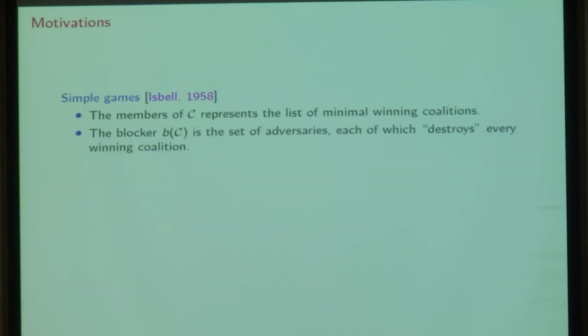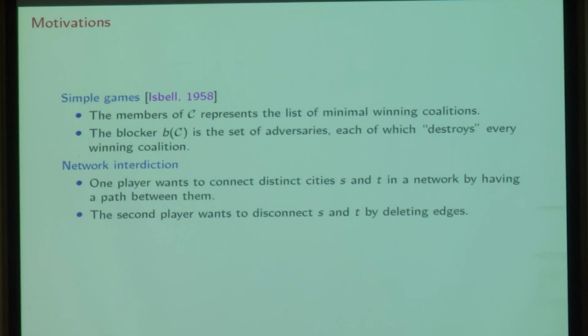There are some motivations, like two-player games. One player presents some set of winning coalitions, and the other player tries to destroy it. Also, network interdiction: one player tries to connect two distinct nodes in your network, and the other player tries to destroy this connection. The second player will win if it completely destroys the connection in your network.